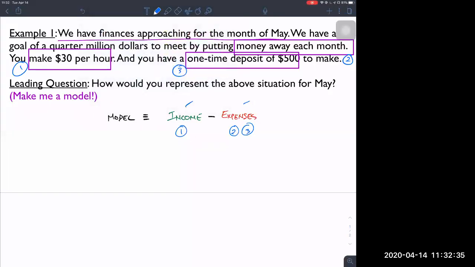And then if you look at number 1 here, or circle 1, I should say, $30 an hour, that's something simple. You would say something such as 30x, where x equals hours worked.